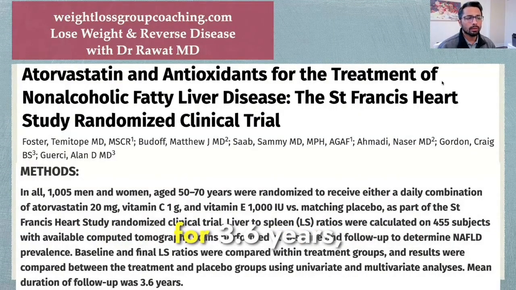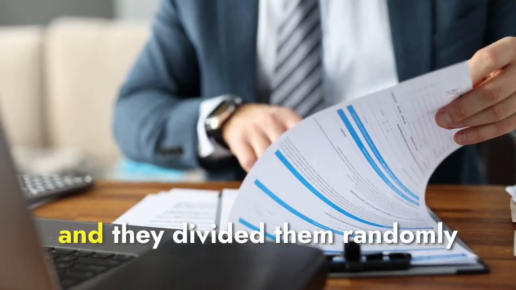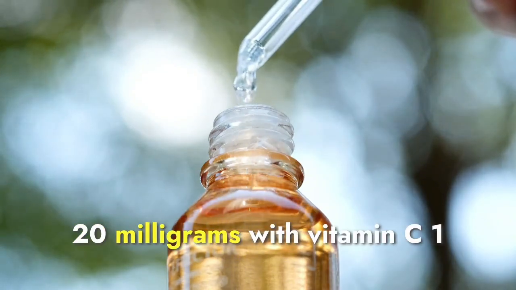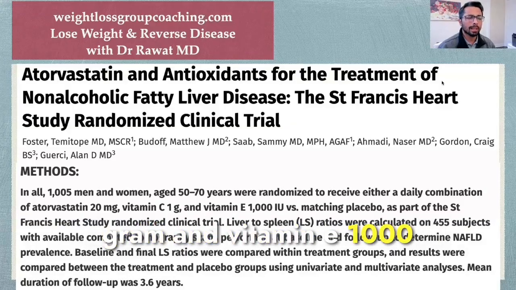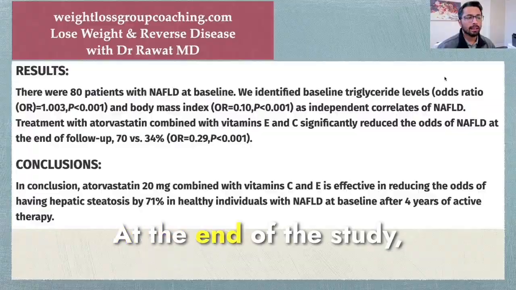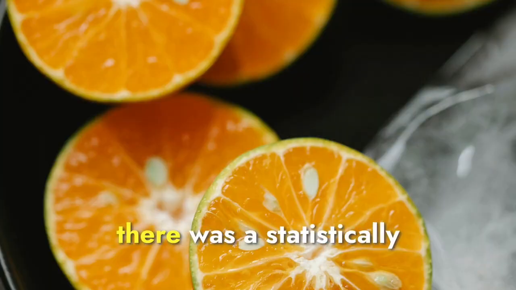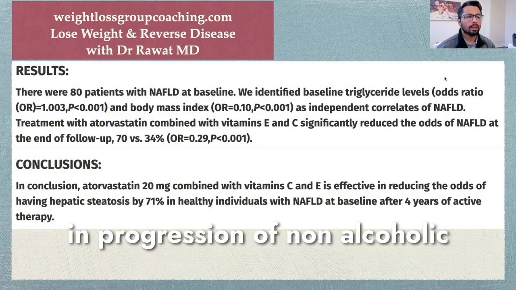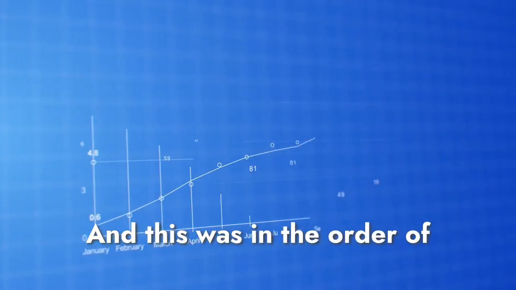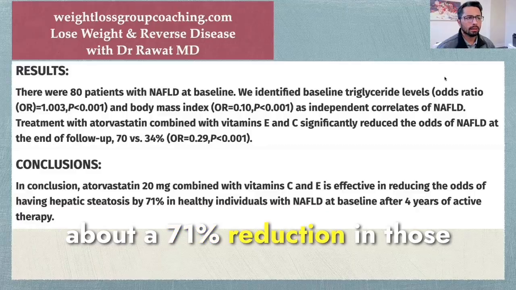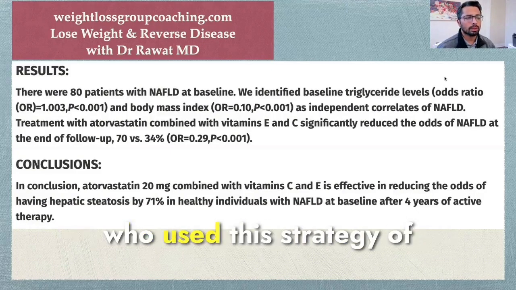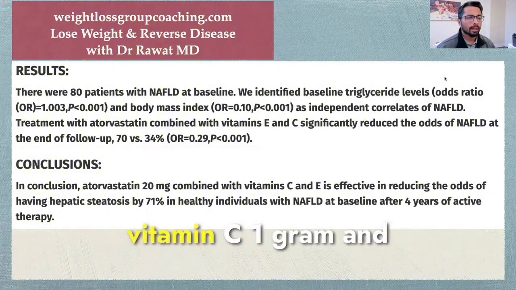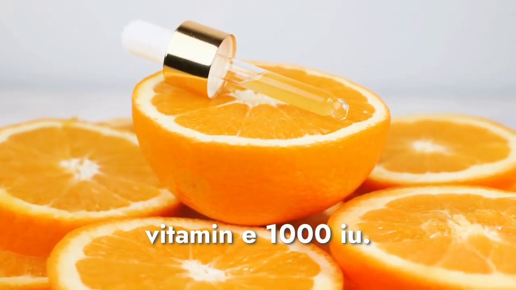This study went on for 3.6 years, and they divided them randomly into either receiving the Lipitor 20 milligrams with vitamin C 1 gram and vitamin E 1000 IU or placebo. At the end of the study, in about 4 years' time, there was a statistically significant reduction in progression of non-alcoholic fatty liver disease, and this was in the order of about a 71% reduction in those who used the strategy of reducing cholesterol with 20 milligrams of Lipitor with vitamin C 1 gram and vitamin E 1000 IU.